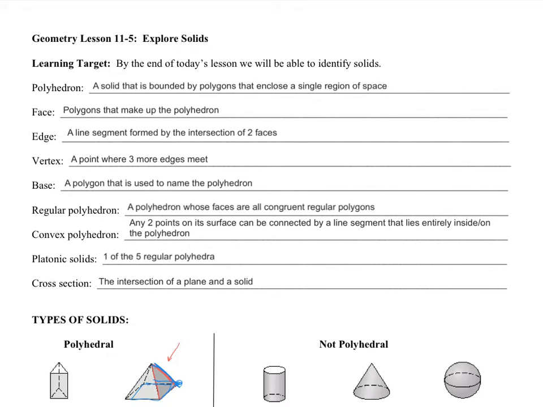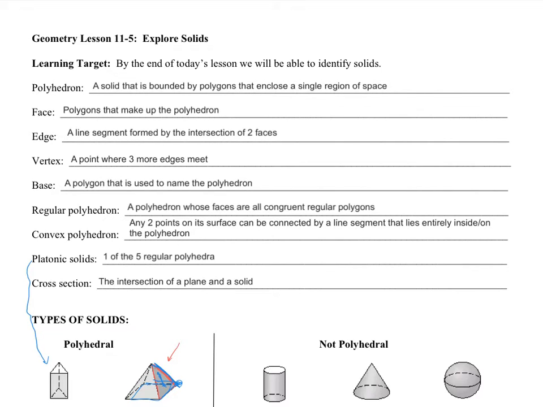So if we're talking about any 2 points, and then you connect a line, and then everything still lies inside and on the polyhedron, we call that a convex polyhedron. Platonic solids, there are 5 in all, and this is just one kind, one of the 5 regular polyhedra.